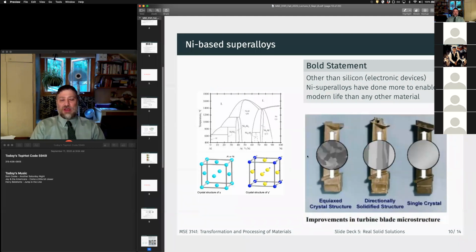And we finished up with talking about nickel superalloys, and these superalloys are responsible for the advances in jet travel, and the structure of them is really cool. These are composites of gamma phase, which is a random solid solution of nickel and aluminum for the most part. Actual superalloys have 7-8 components to them, but the primary is nickel and aluminum.